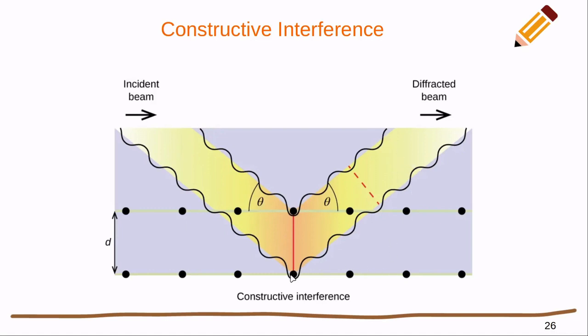Basically, what's happened is that this wave that had to travel a further distance to get to this guy here before it was diffracted, that increase in distance was just the exact same distance as the wavelength, the distance from one peak to another on the wave there. And that leads to constructive interference.